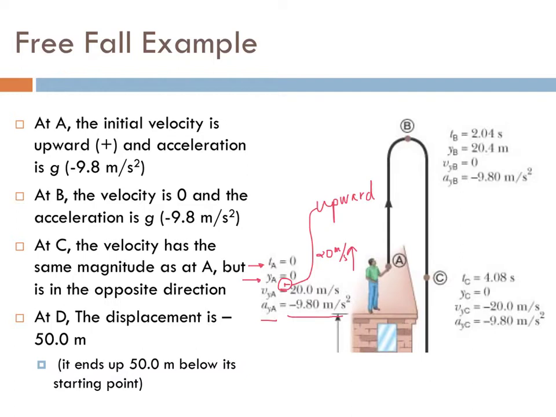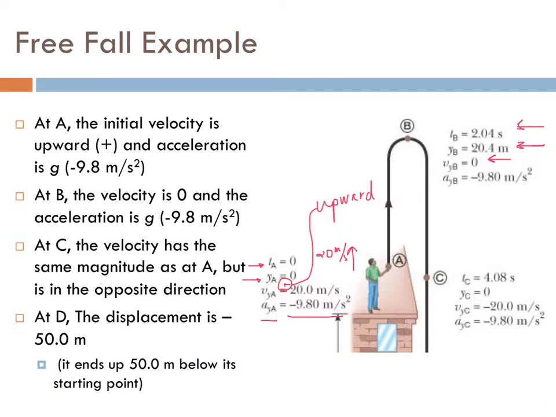At position B, we have reached the top of our path. Here, it's telling us we've gone 20.4 meters. That means we've moved up 20.4 meters. It took 2.04 seconds to get there. And at the highest point, we have stopped. So this is where our 0 velocity comes from.